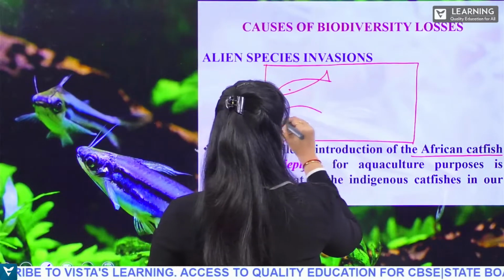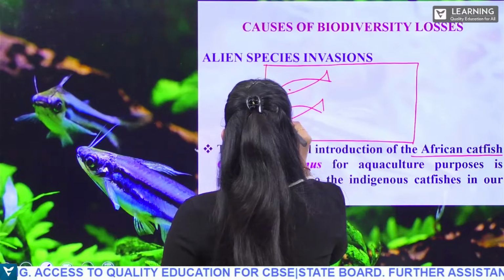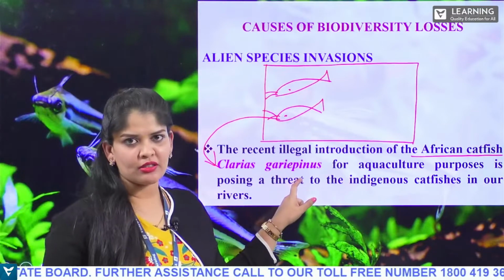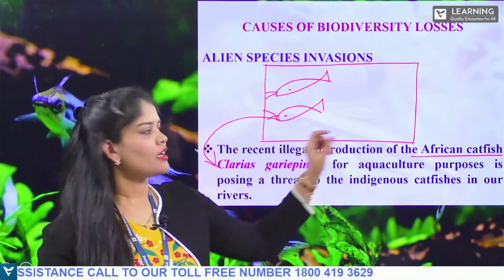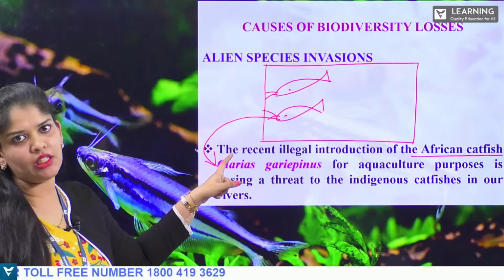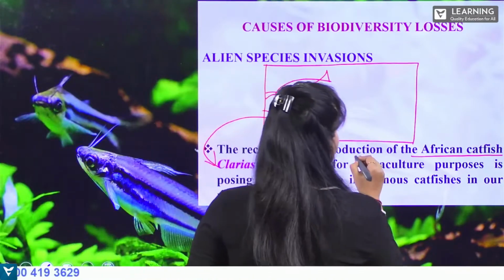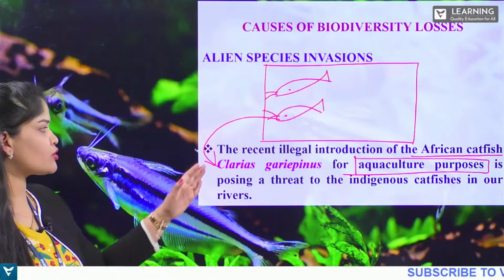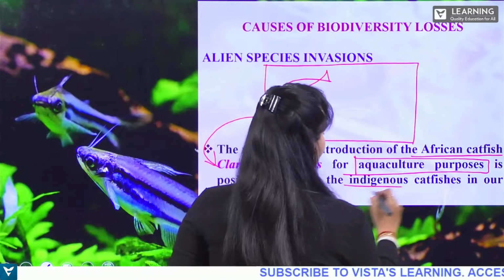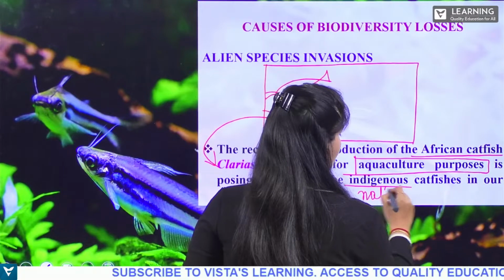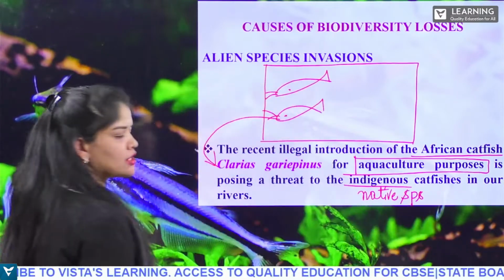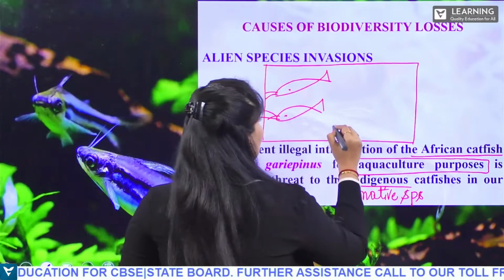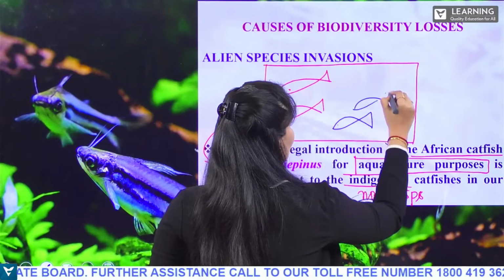This is the catfish, and that is Clarias gariepinus. It's an African catfish which has been illegally introduced for aquaculture purposes, and it is affecting very badly, posing a threat towards the indigenous, that is native, species, the native catfishes in our rivers.